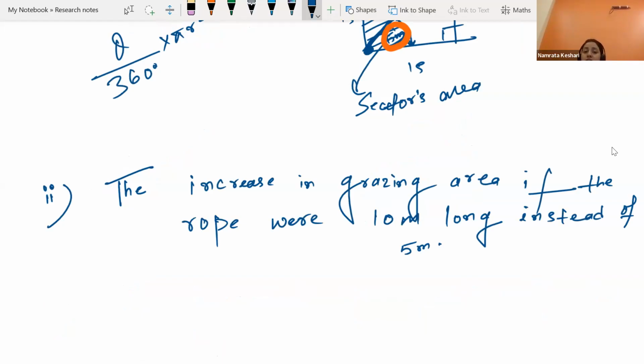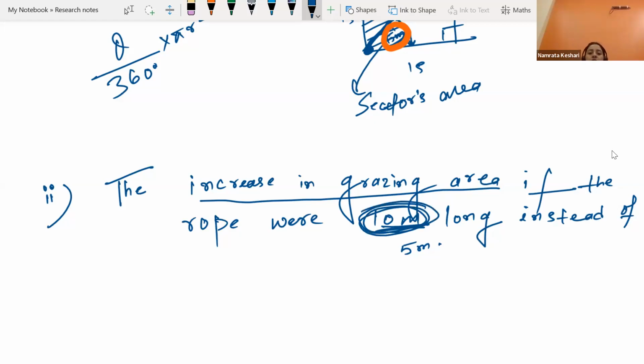See, increase in grazing area. That means the previous area, and now with the 10-meter rope we find the sector's area, and then we do the subtraction and find only the increased part. Are you getting it? We have to find the increase in the sector's area when the length of the rope is now 10 meters.